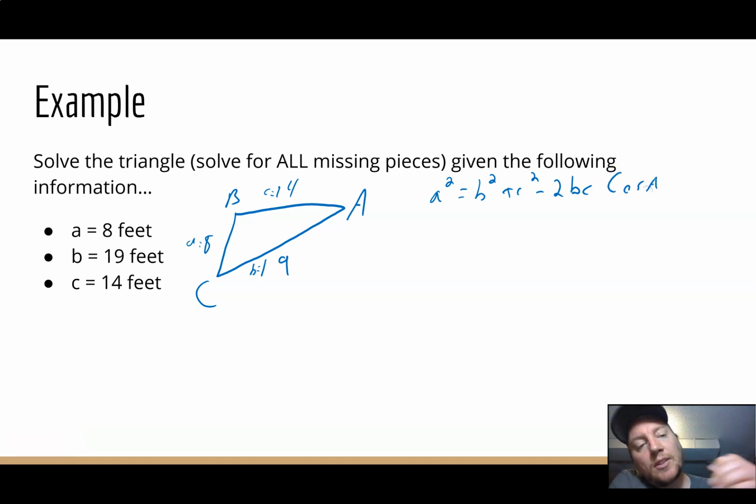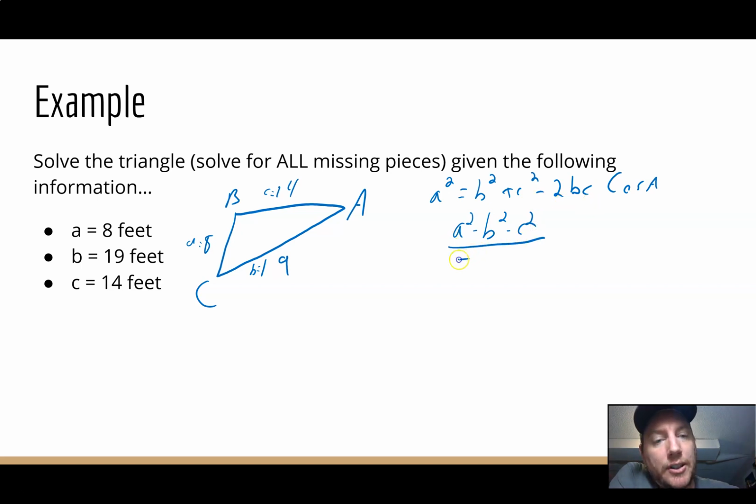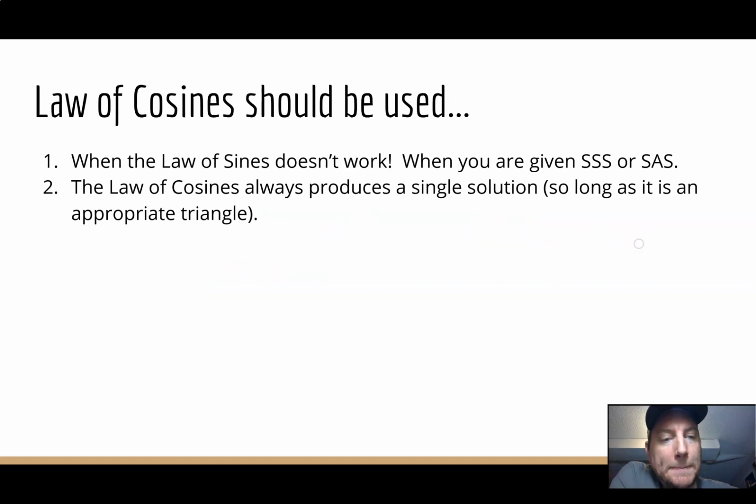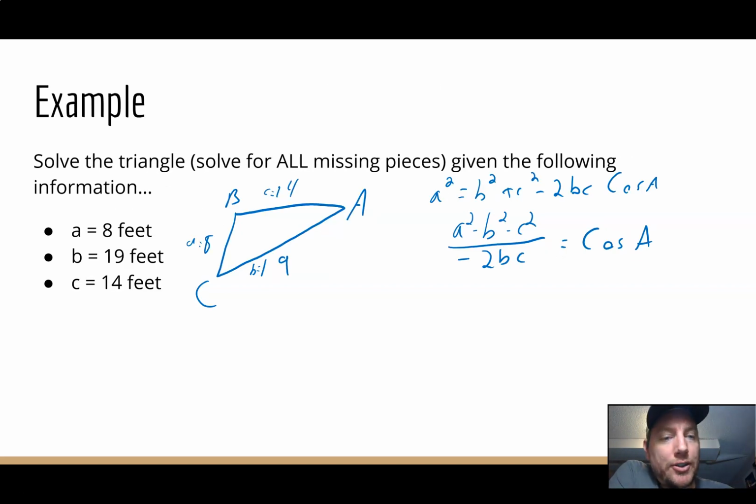Cosine A. So I'm solving for A, so I'm just going to move everything to the other side and do an inverse cosine. So minus the b squared, minus the c squared, divide by negative 2bc, and then inverse cosine to cancel that out. And then it's just that formula.